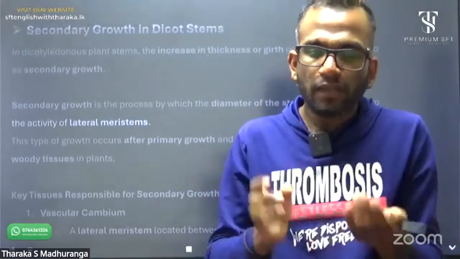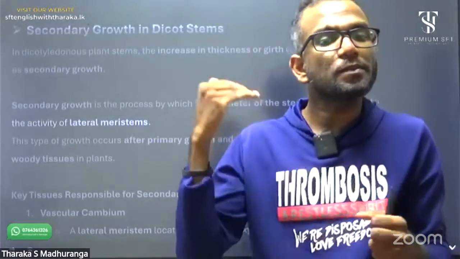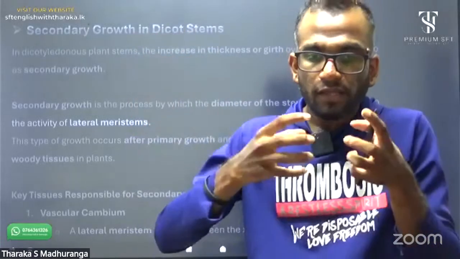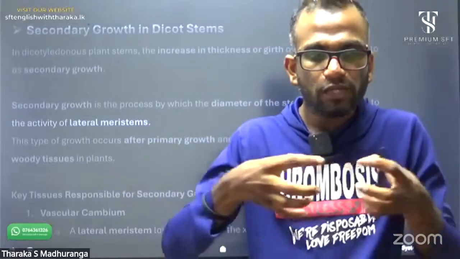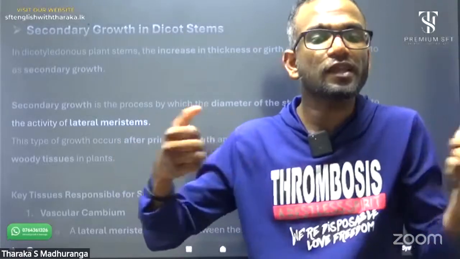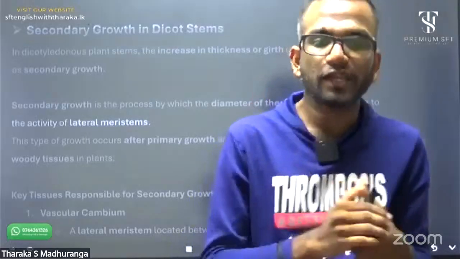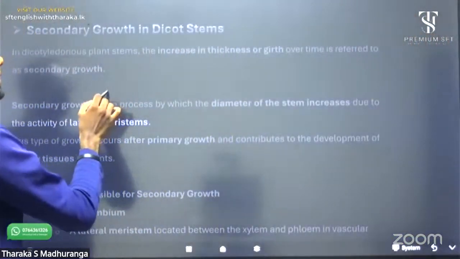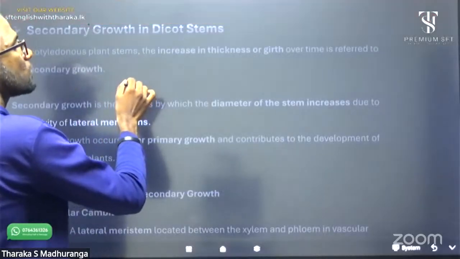But when it completes primary growth, after the height increases, the thickness of the dicotyledon plant's stem increases. That we call secondary growth. Secondary growth means the dicotyledon plant stem increases in thickness or girth.